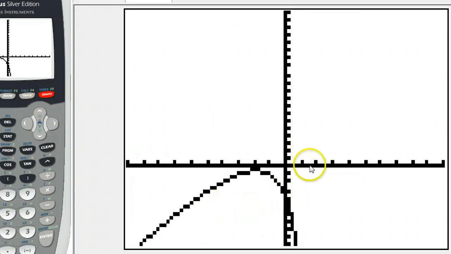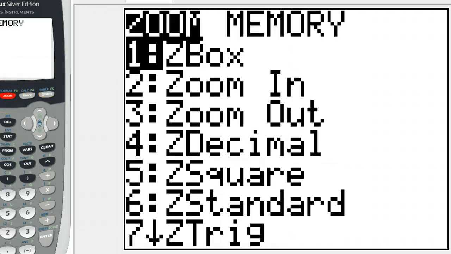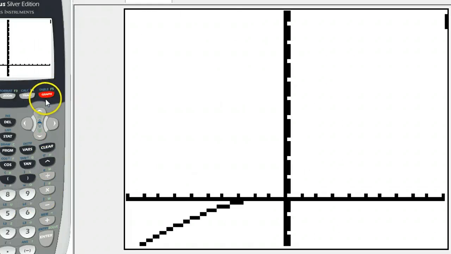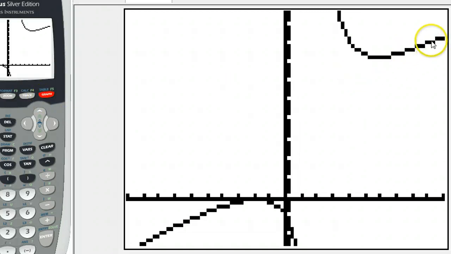Remember, we're expecting to have a vertical asymptote at 2. Still don't see anything. Let me change that window even more. Y max of 40. Okay, now we're starting to see it up there.